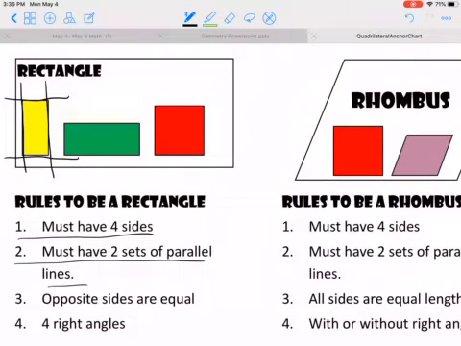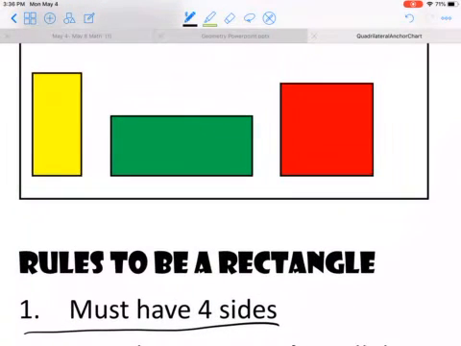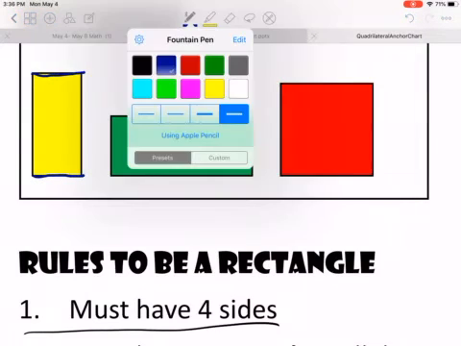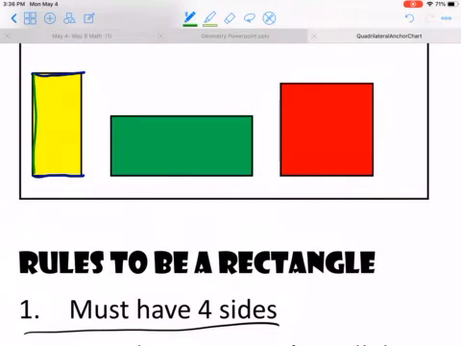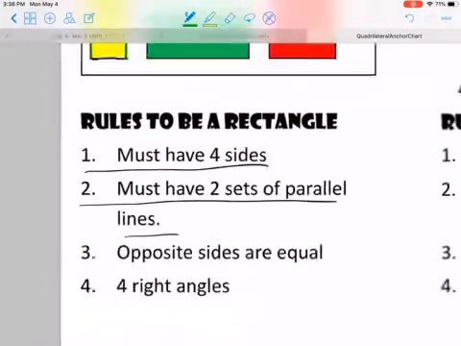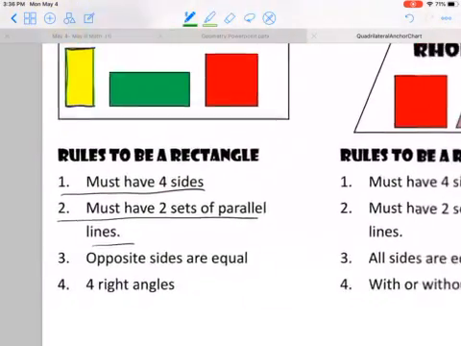Opposite sides are equal. So if we look at this yellow one, this side length is equal to this one, and then this green side length is equal to this one. They're the same sides. And then 4 right angles.